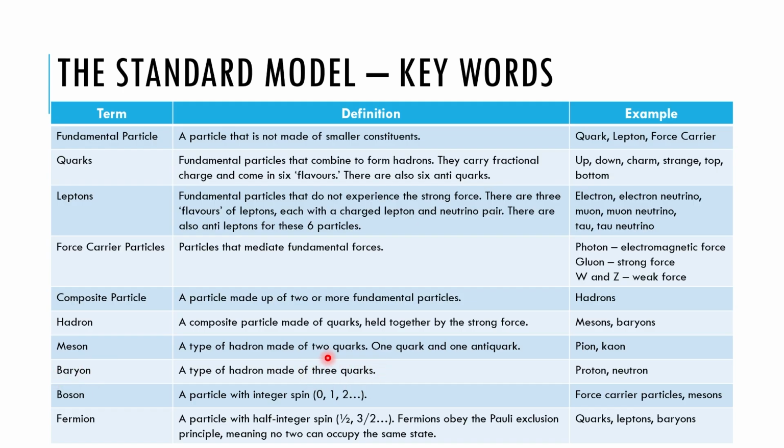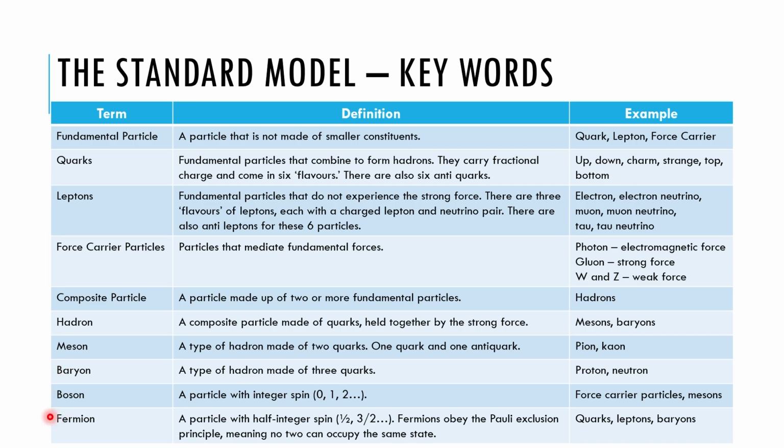And there were 2 other terms that we came across as well, bosons and fermions. These are groups of particles, whether they're fundamental or composite, which are based on the spins of those particles, whether they are integer spins or half-integer spins. What that means is some particles are fundamental, some are composite, some are bosons, some are fermions.